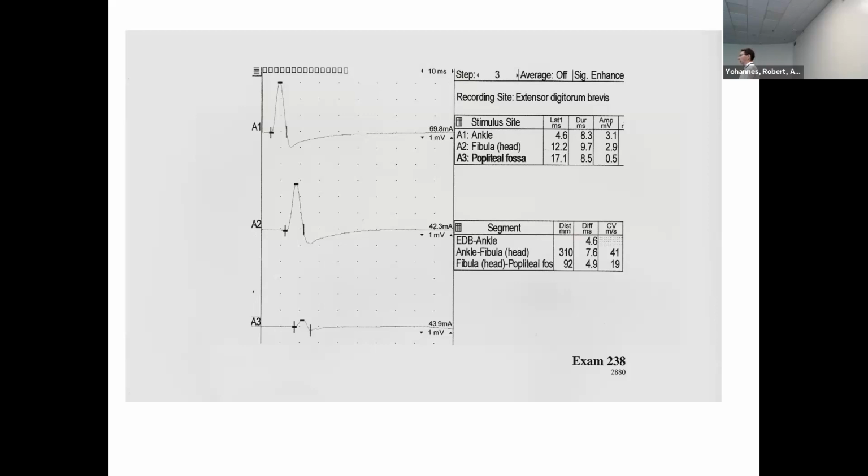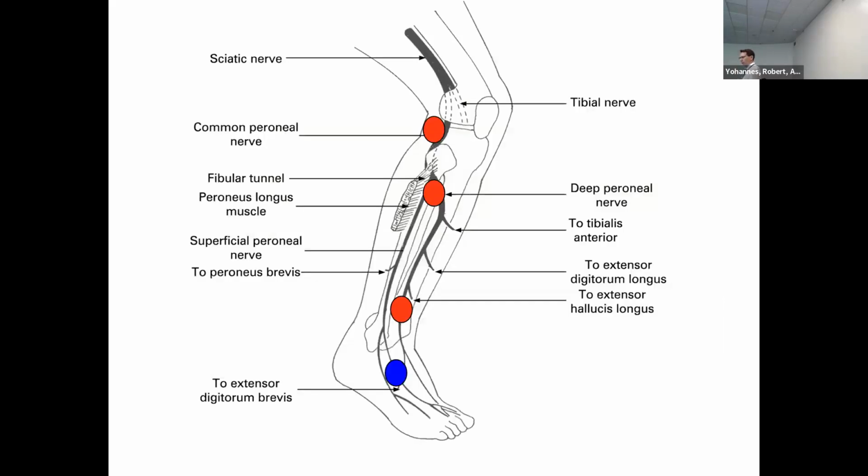Well, conduction block. So when we compare above the fibular head to below the fibular head, we have a lower amplitude, a conduction block, and also some slowing.